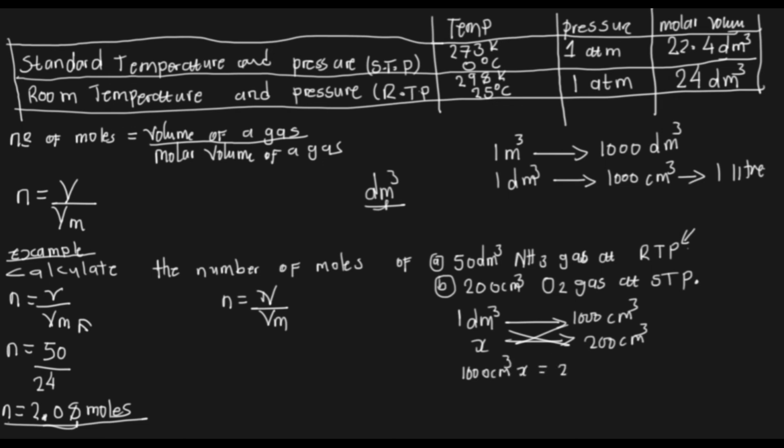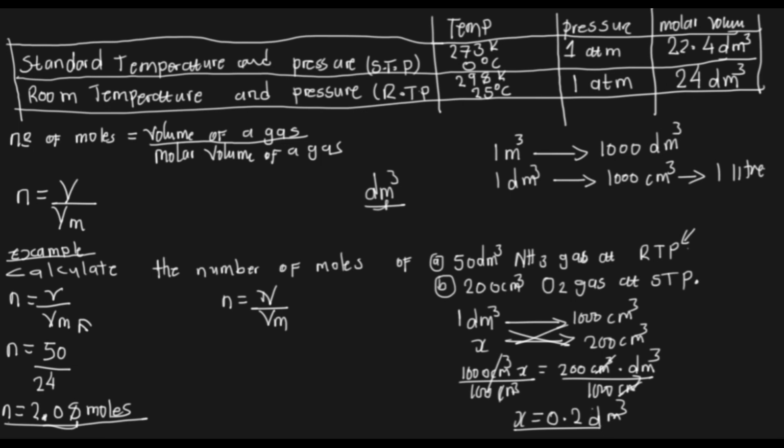Then here we have 200 cubic centimeters multiplied by decimeter cubed. So we divide by 1000. Then here also divide by 1000. So x is equal to 200 divided by 1000, we get 0.2 cubic decimeters.